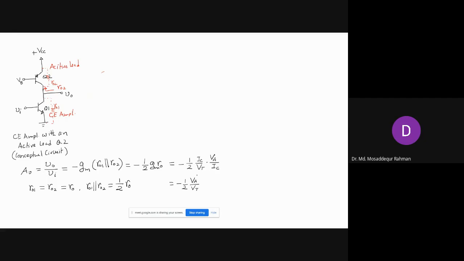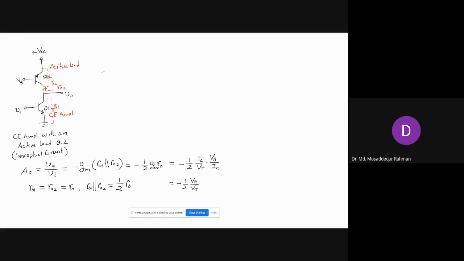The gain does not depend on the bias current IC. In the previous case, for the passive load, the gain was heavily dependent on IC. For higher gain, you needed a higher value for IC, and that would increase the voltage drop, the power consumption, the requirement on the power supply, all these issues.